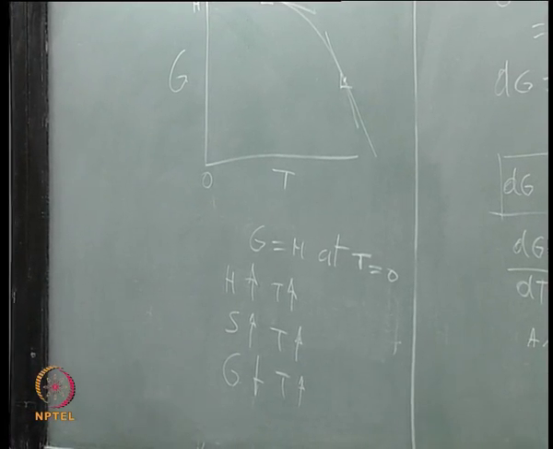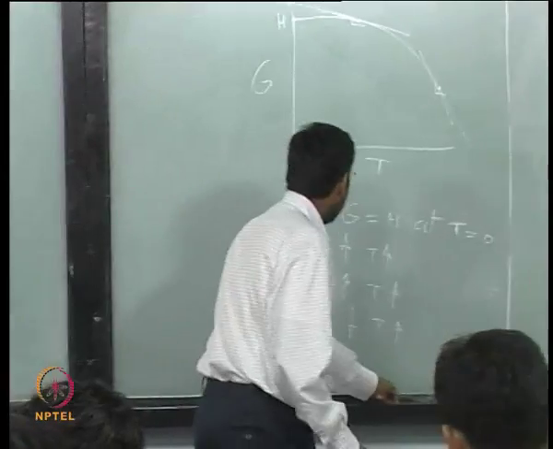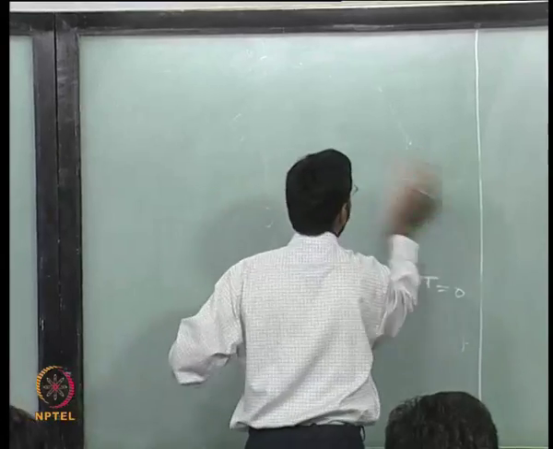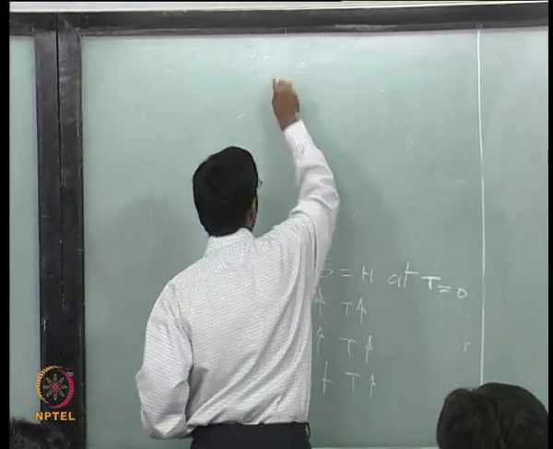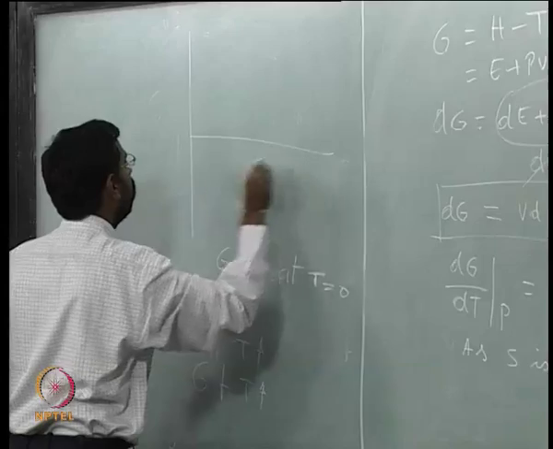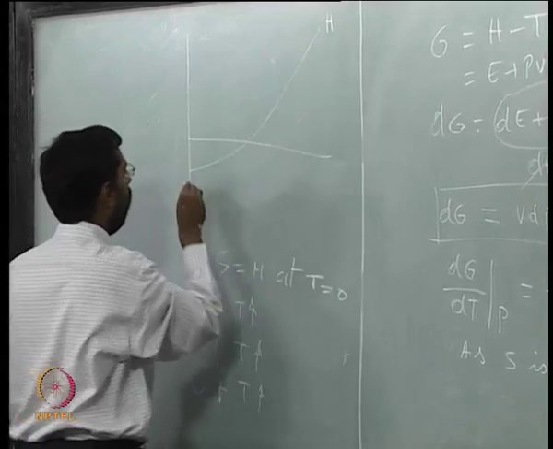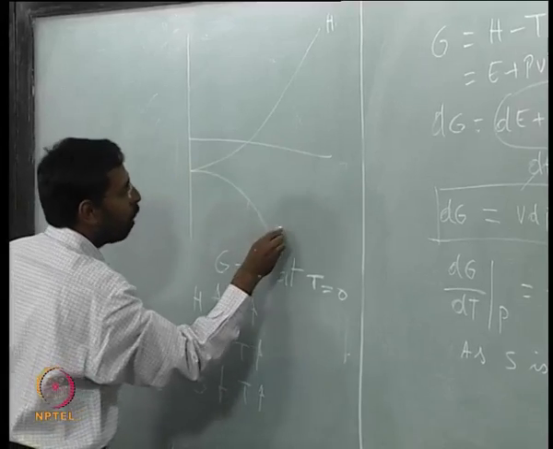Fine. In principle, if I write both G and H in the same plot, you would see that H goes something like this, and G would go something like this.